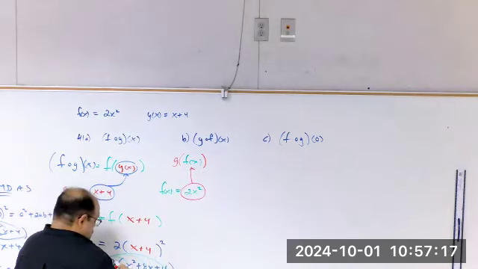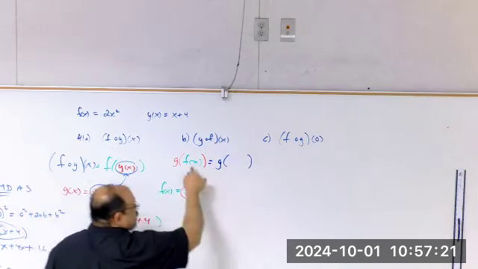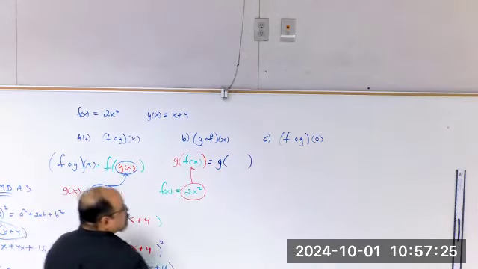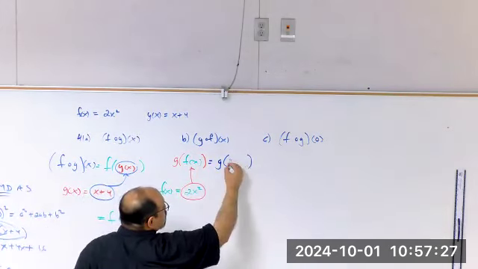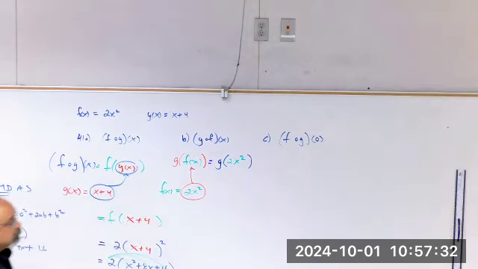So this is now g of 2x squared inside here. We're going to plug 2x squared into the g function.